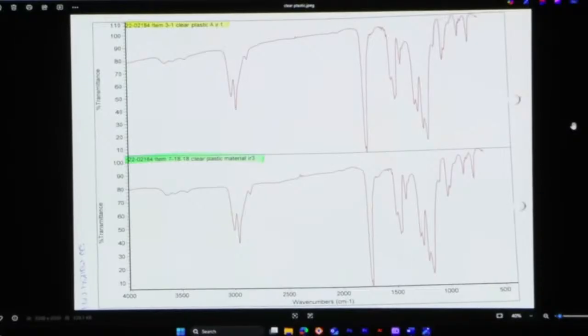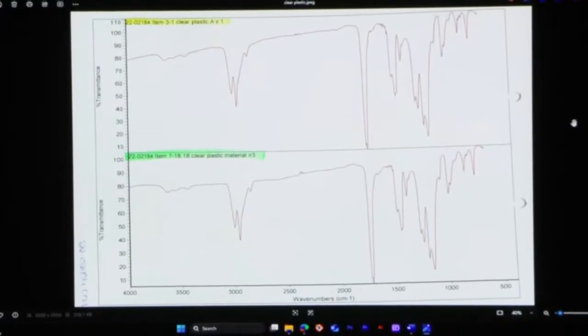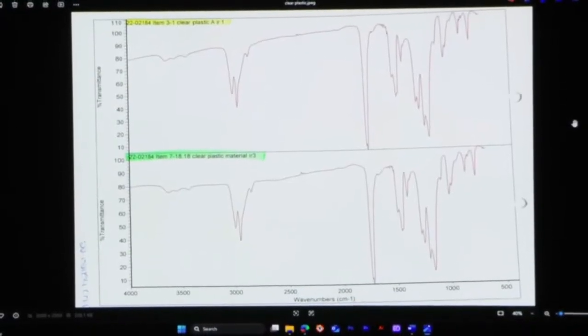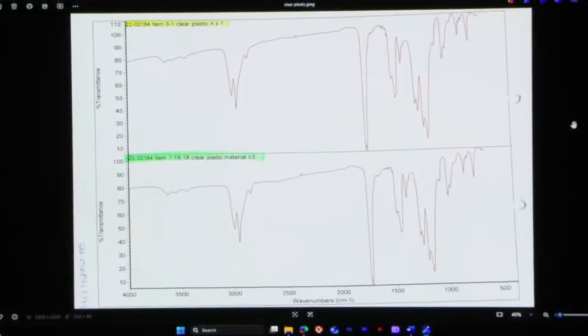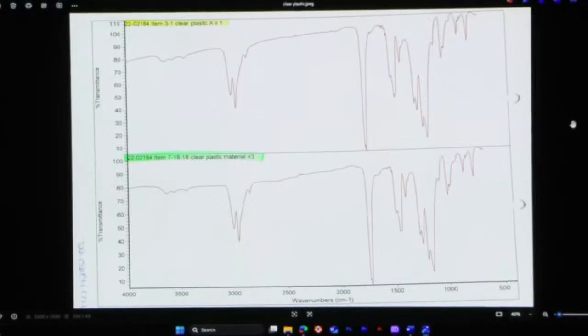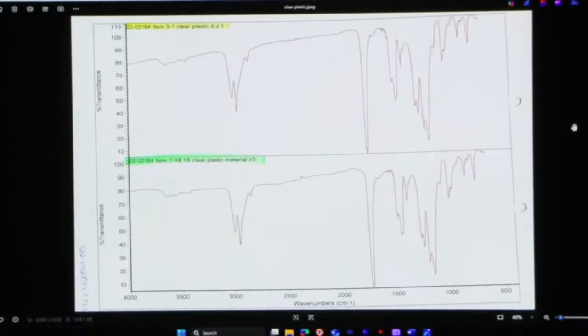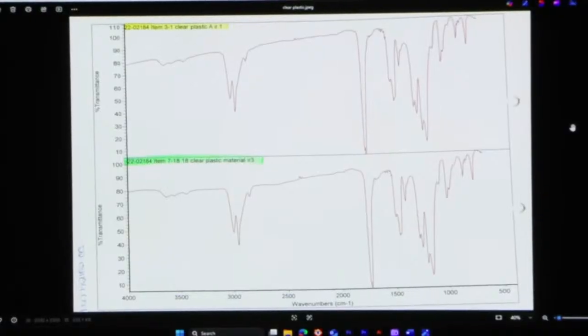And Ms. Hanley, when you're comparing these two, what is it specifically that you're looking at in the data? When I'm comparing the spectra, I'm looking at the peaks in each sample to determine if they are consistent or not consistent.